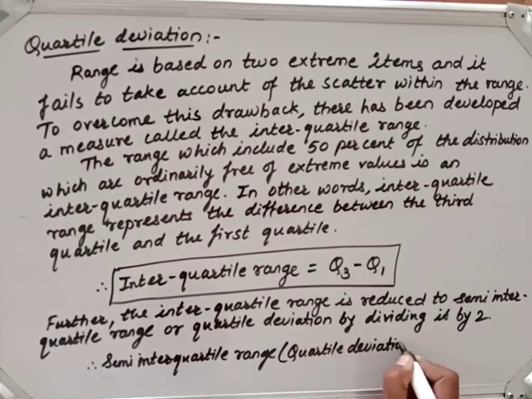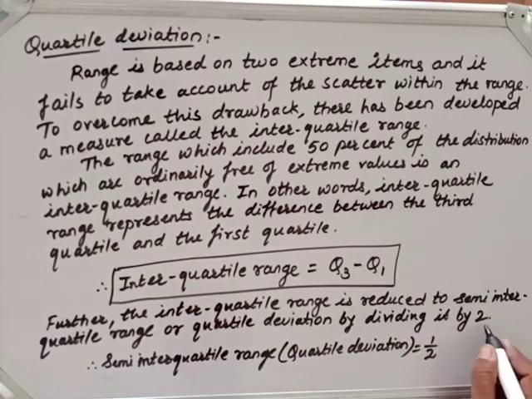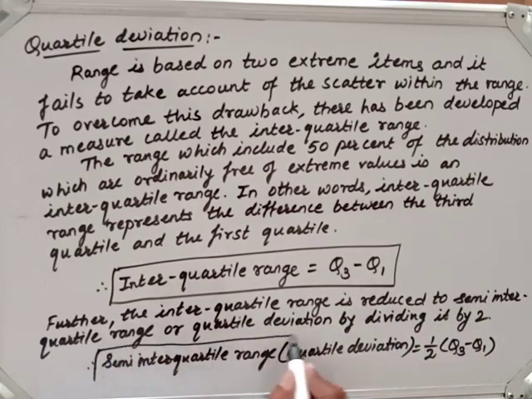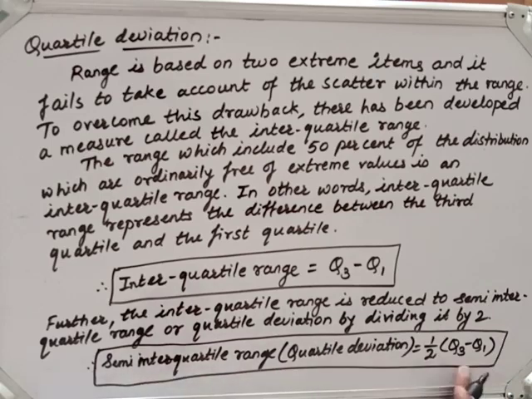This is half of, dividing it by 2 means half of Q3 minus Q1. This interquartile range is divided by 2. So interquartile range is Q3 minus Q1. So the semi-interquartile range, or the quartile deviation, is half times Q3 minus Q1.